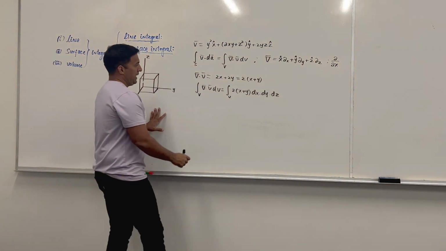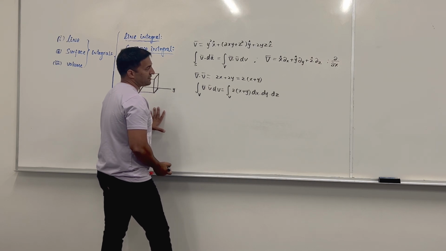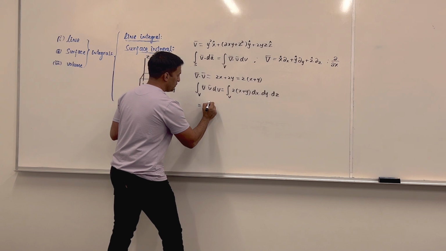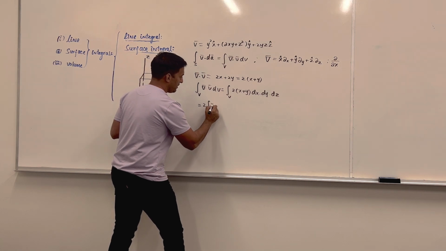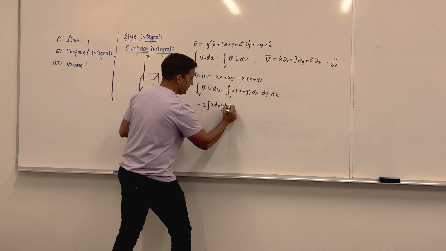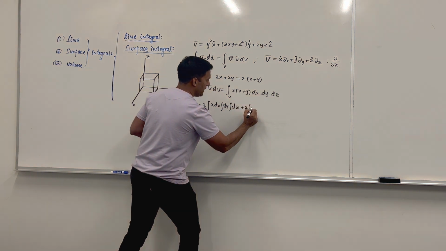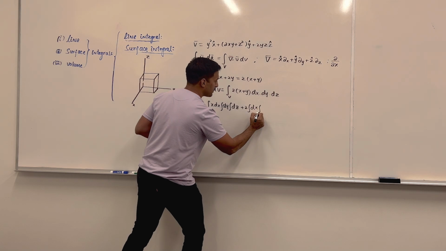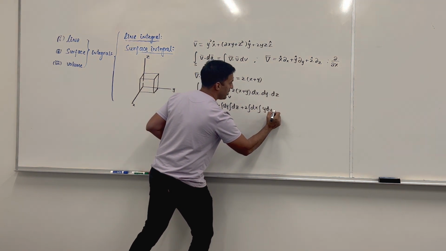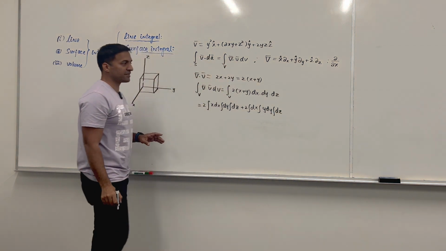Okay, and now it's easy. You can calculate this integral. This will become equal to 2 integral of x dx, integral of dy, integral of dz, plus 2 integral of dx, integral of y dy, and integral of dz. Just let me know if this is clear.